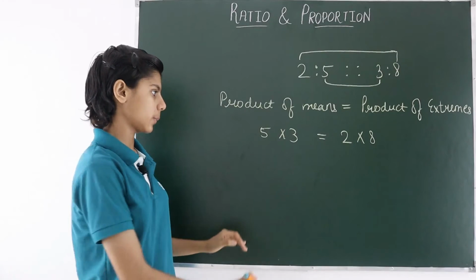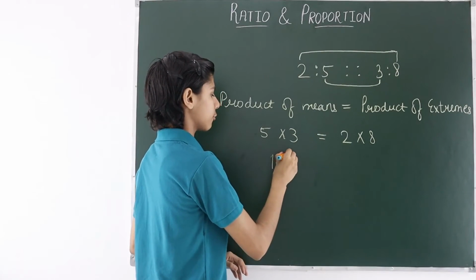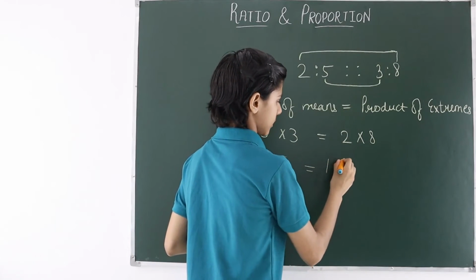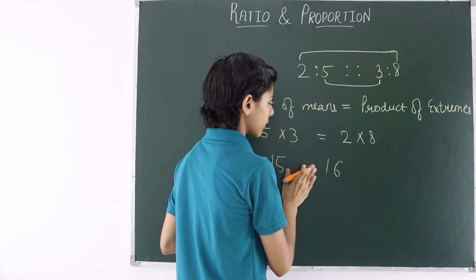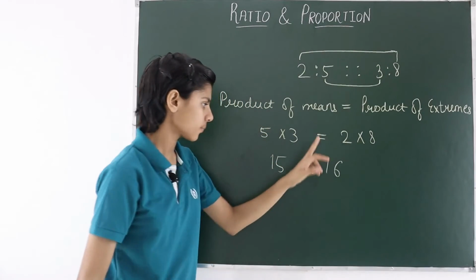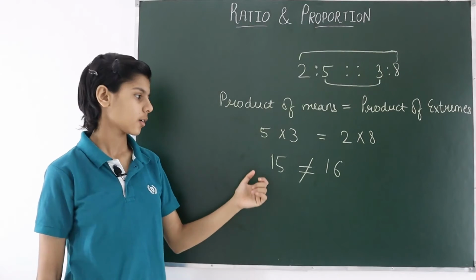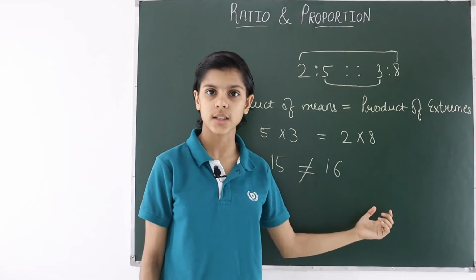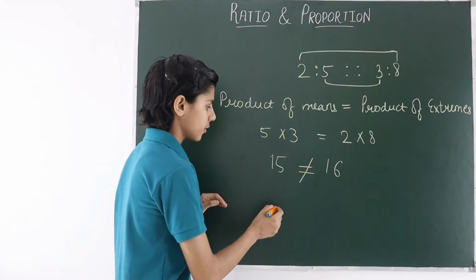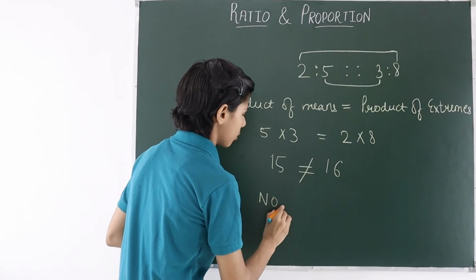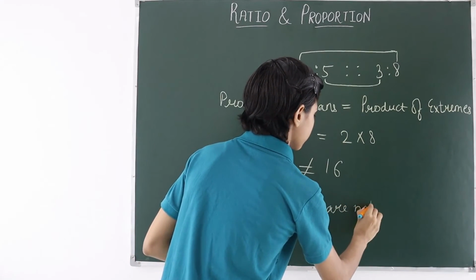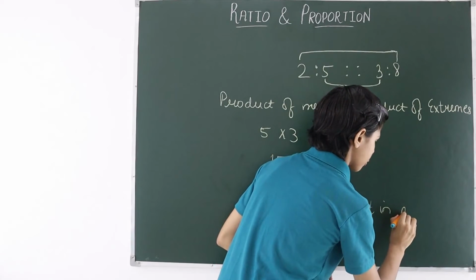If we multiply, 5 into 3 is 15 and 2 into 8 is 16. So 15 is not equal to 16. We put a slash sign, it means 15 is not equal to 16, so they are not in proportion. We write here: no, they are not in proportion.